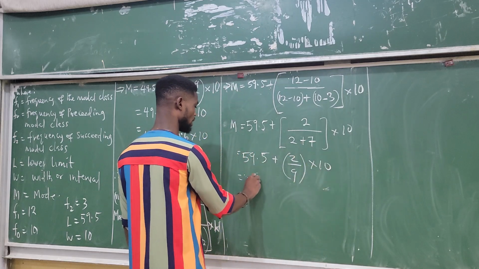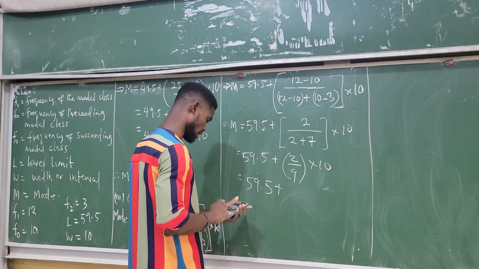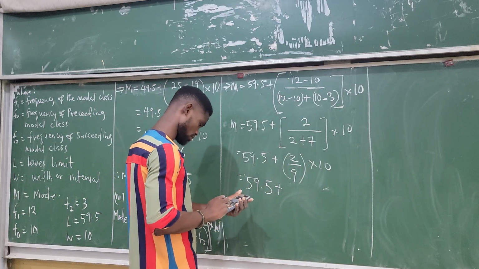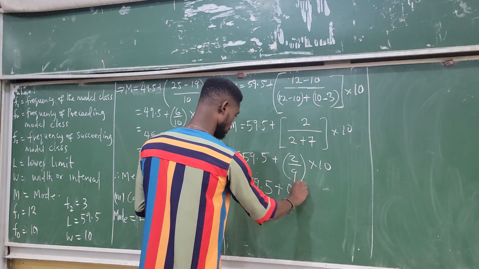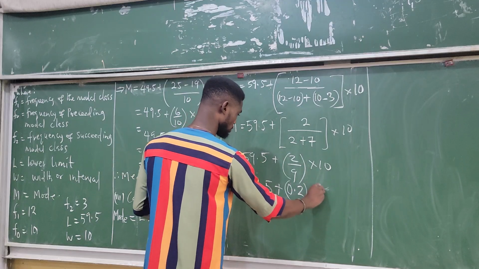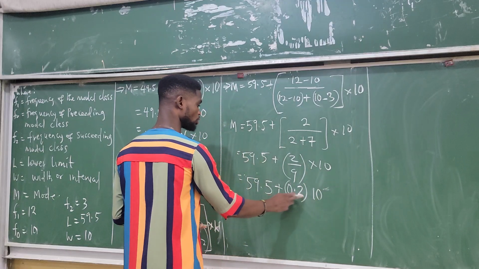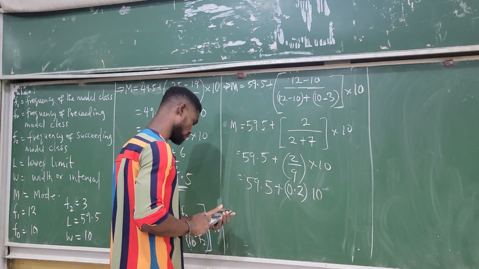So 59.5 plus 2 divided by 9 will give us 0.2, times 10. So 0.2 times 10 will give you 2.